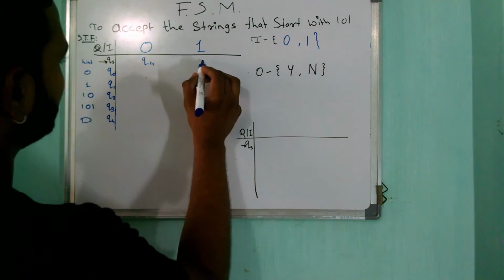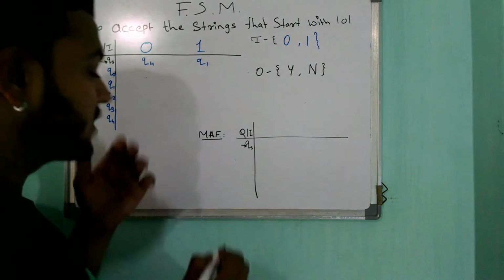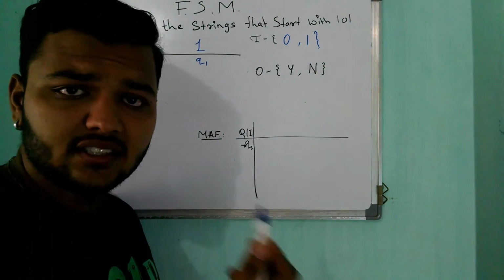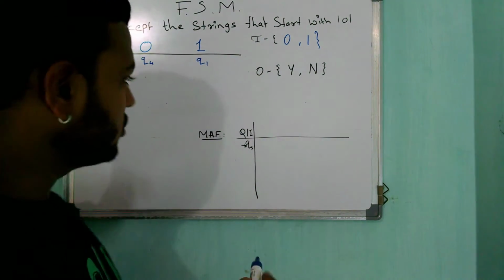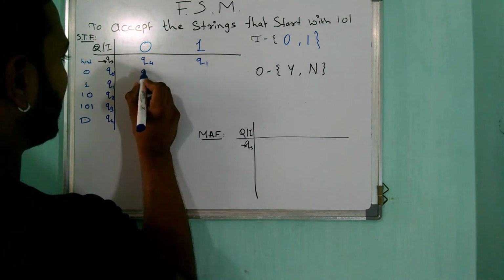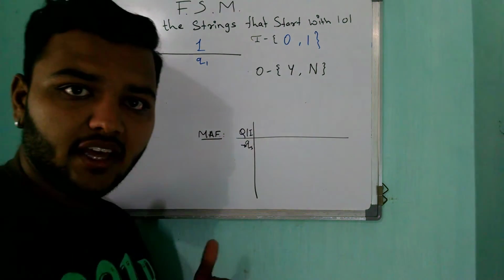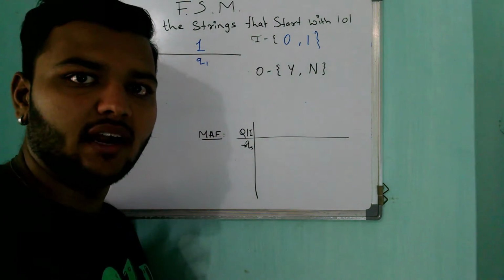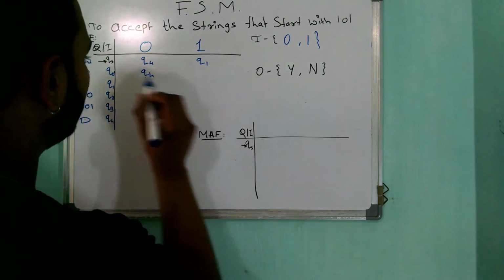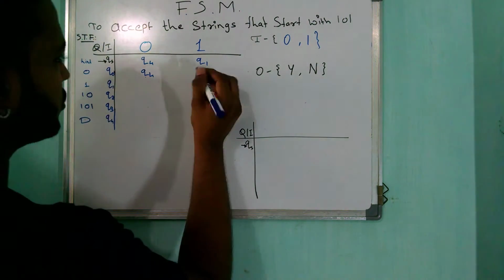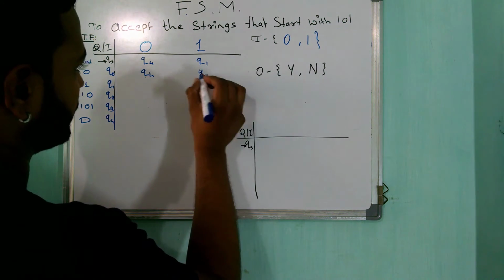Next, at Q0, at the start there is 0, so we don't accept that. After that, if 0 or 1 comes, it doesn't matter, we'll go to the dead state, Q4.